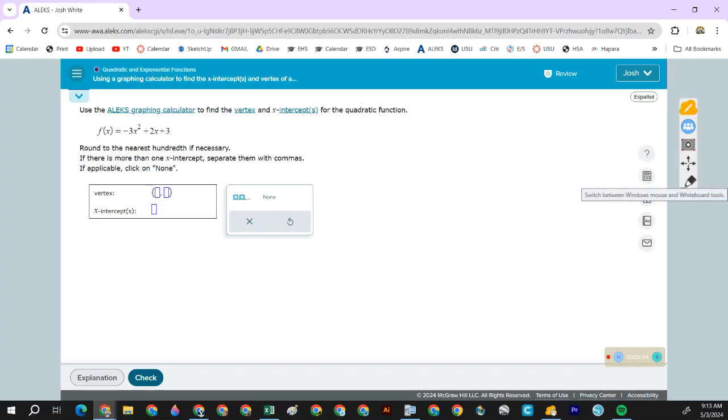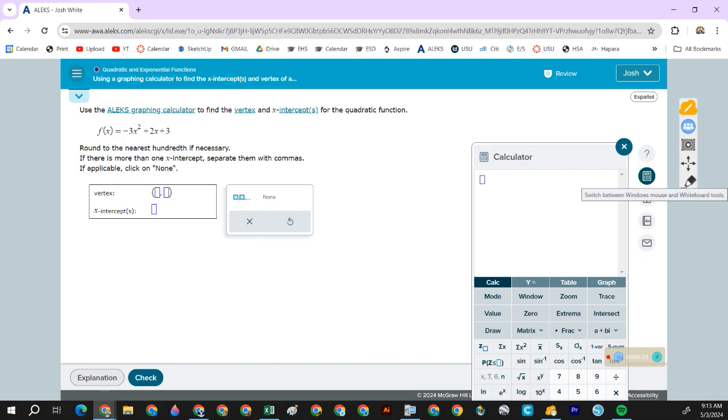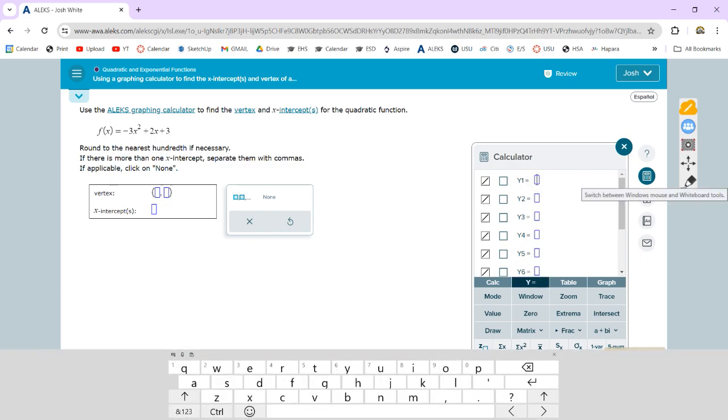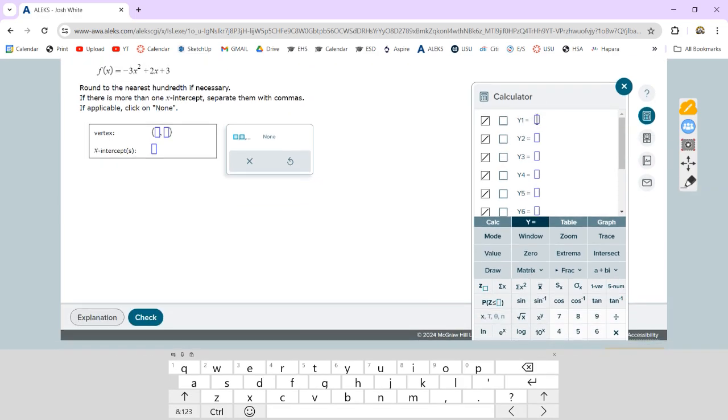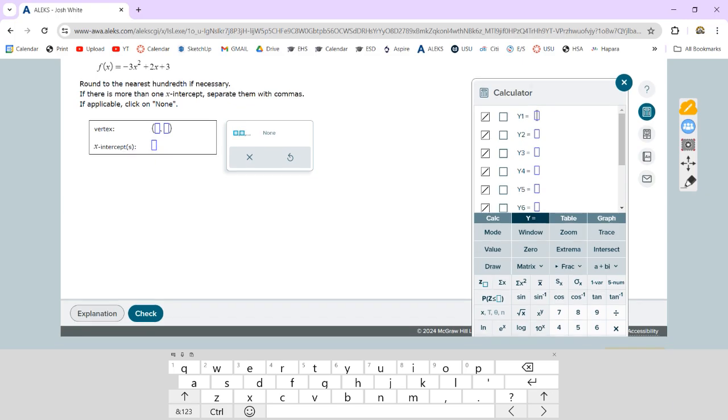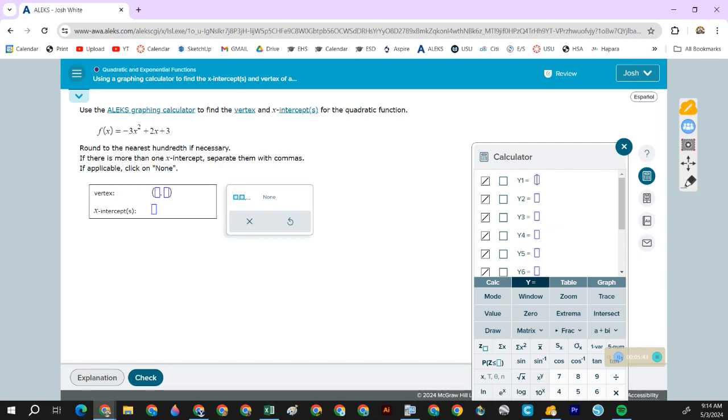All right, here we want to graph with the graphing calculator. So I turn on the graphing calculator, and I go into y equals, and then I type the function. Looks like I need to do this from my computer.